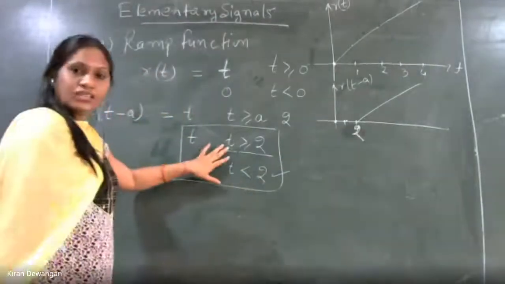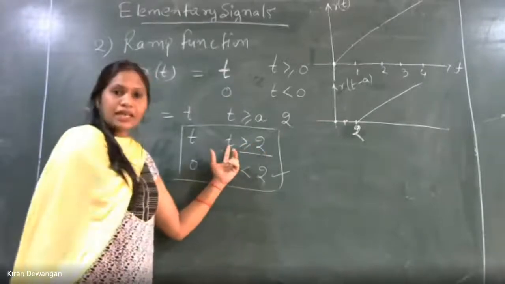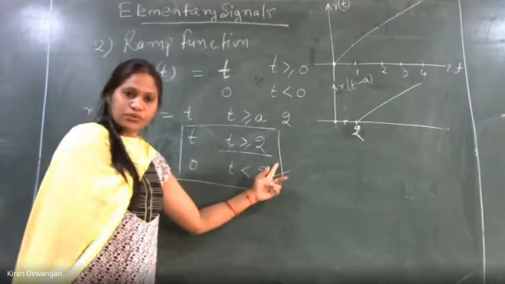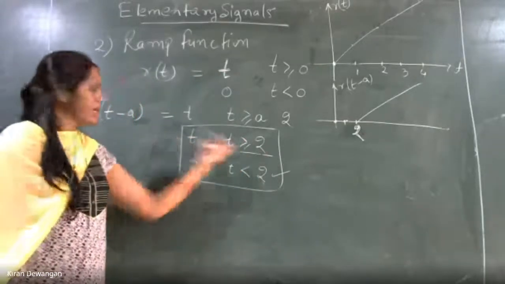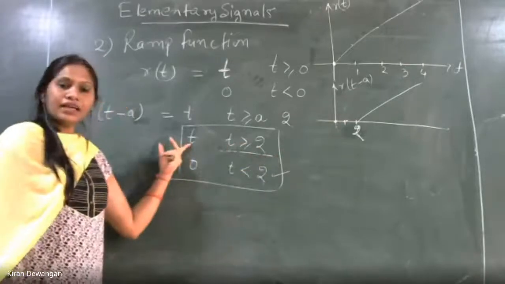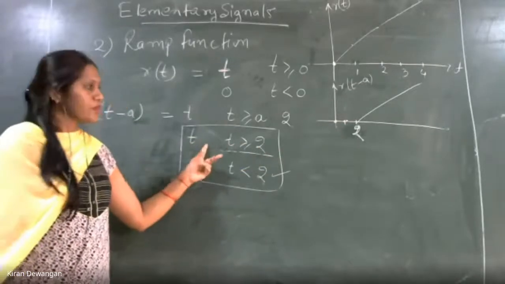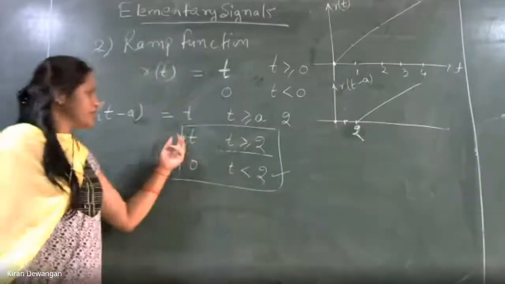Because t is 2, and according to this condition, t is greater than or equals to 2, and t is already 2. So ये first वाला condition satisfy कर रहा है, and it is saying RT is 2, but it is not 2. It should be 0. So what is the condition?